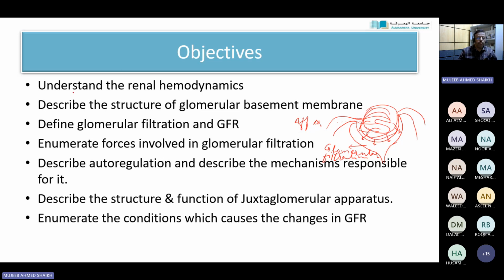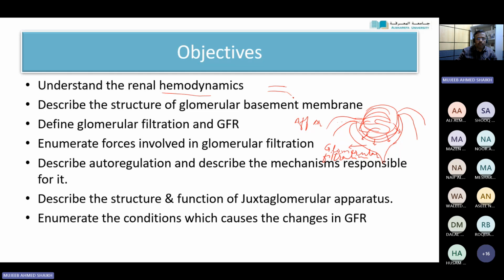In this lecture, we will be talking about hemodynamics, that is, how the blood is flowing into the kidney or into the nephron. Then we will talk about how the glomerular basement membrane looks. Let's say I draw a diagrammatic representation of the capillaries. This is the afferent arteriole.